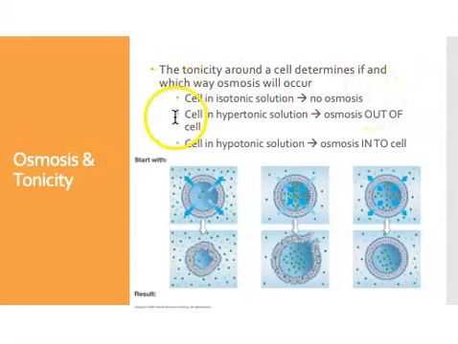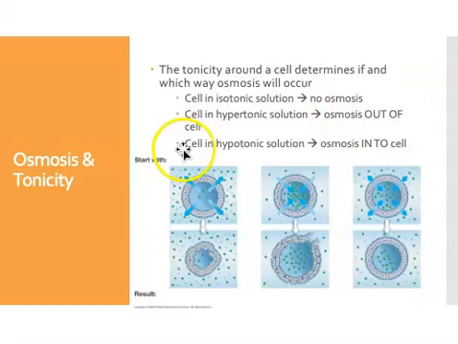If a cell is sitting in a hypertonic solution, it's a very different situation. That means there are more particles sitting outside of the cell than there are inside. That means water is going to flow from the inside of the cell to the outside. Water is going to flow out of that cell.